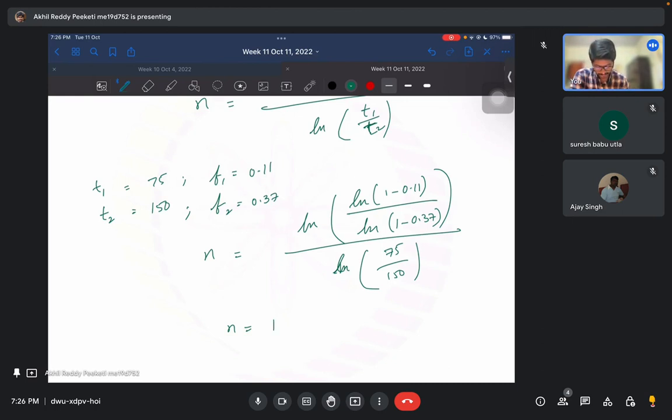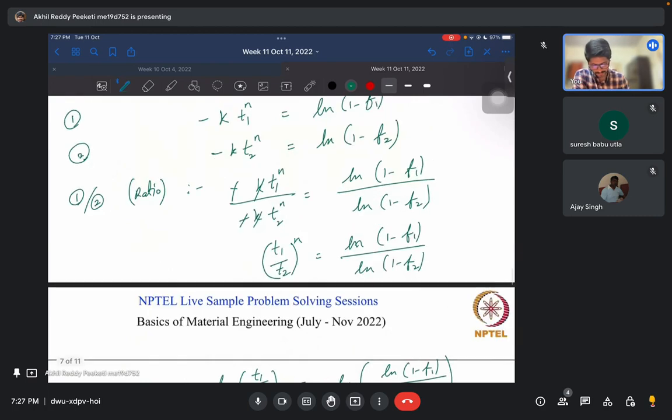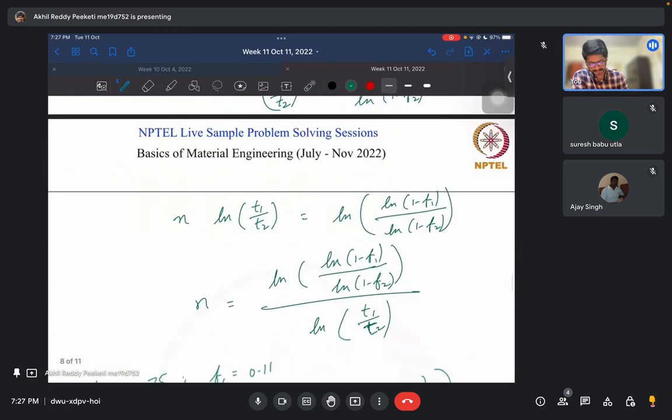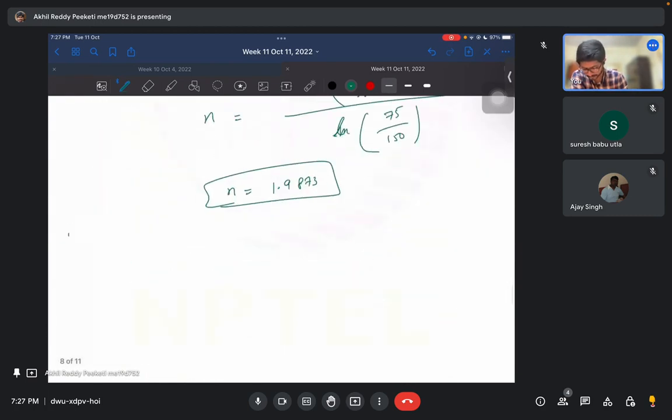So n would be 1.9873. Okay. Now we know n. So how can we get k again? Let's substitute this n in the first equation itself. So minus k 75 power n is equal to ln of 1 minus f1, which is 0.89.